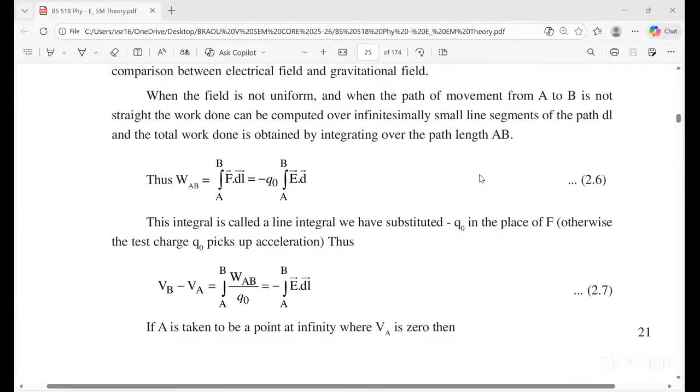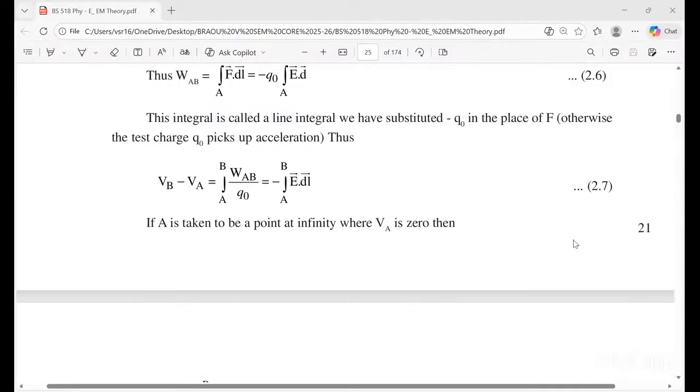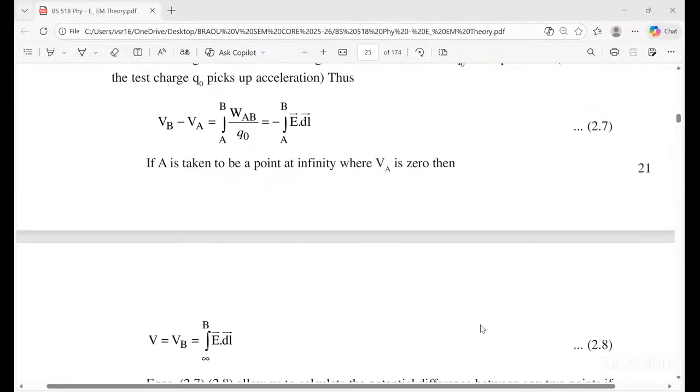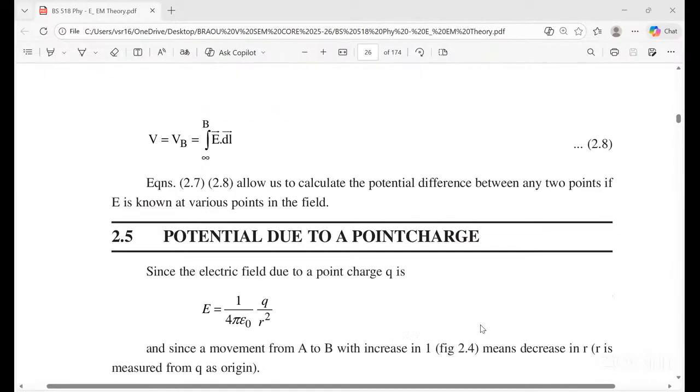You know pretty well the equation W equals Q naught times Ed. By substituting, you get VB minus VA equals minus integral of E dot dl. The negative sign indicates that you are moving the test charge against the force of the field.